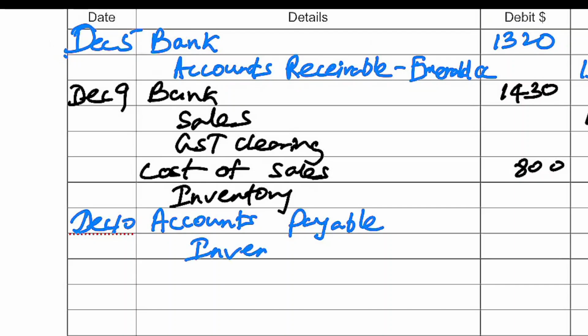How much? How much are you crediting inventory? 4,000. Good. And then GST is 10% of that, which is 400, and you are debiting the accounts payable total 4,400.